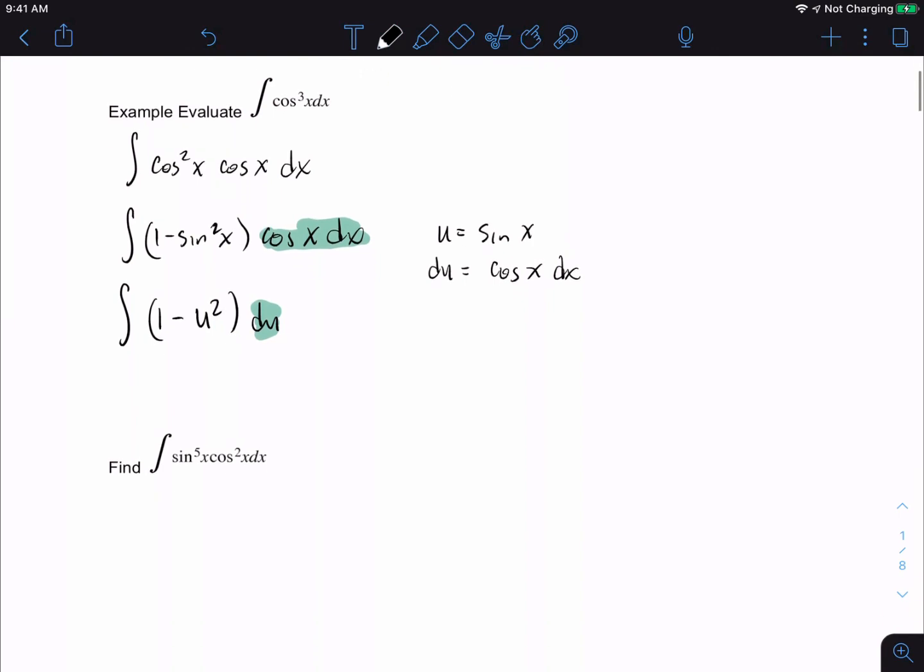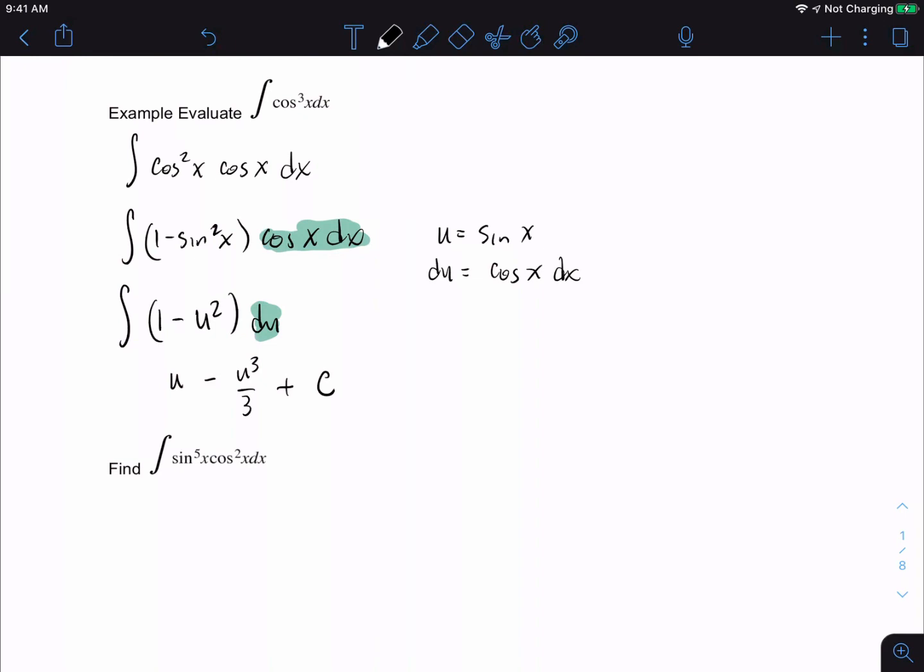Well, we can take the integral of this, right? The integral of 1 is u, and the integral of u squared is u to the third over 3. And then we need to add a constant c because we have an indefinite integral.